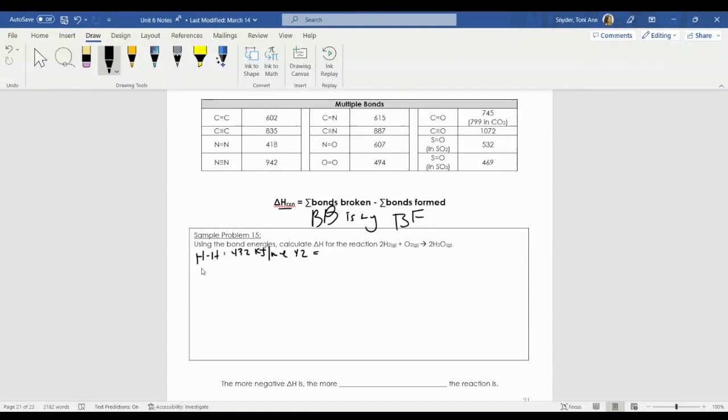I also have in my reactants a double bond to oxygen, so oxygen double bonded to another oxygen. I look here, and the energy of that bond is 494 kilojoules per mole, but there's only 1 of those.